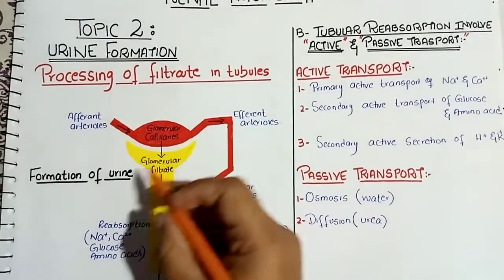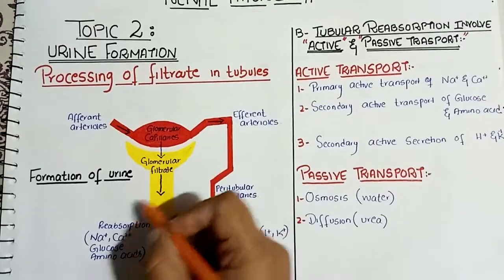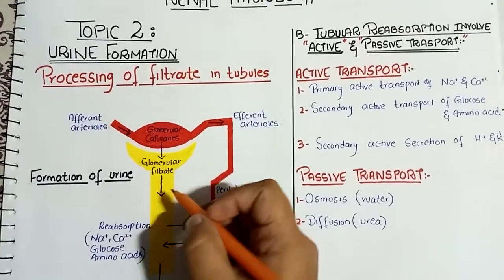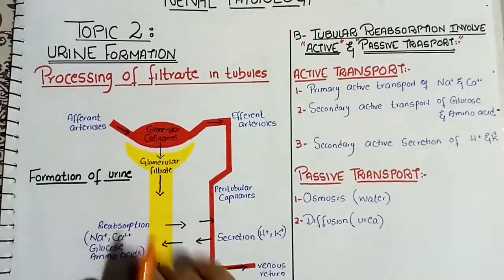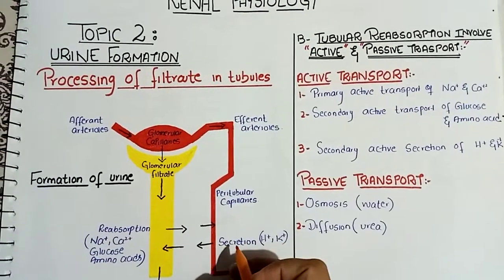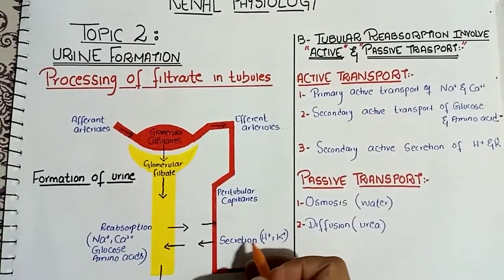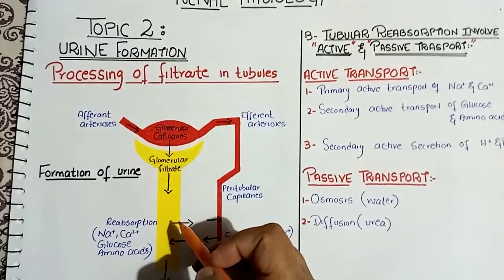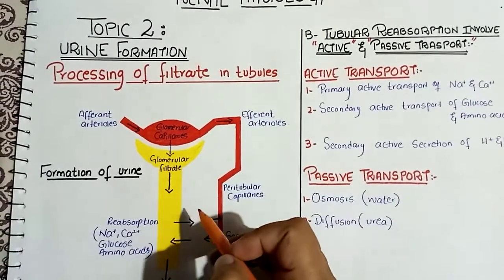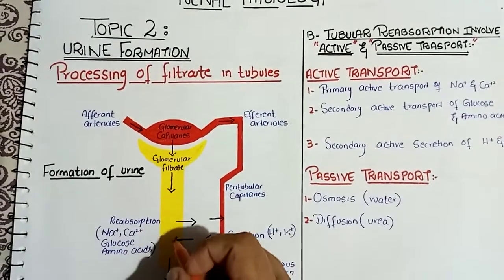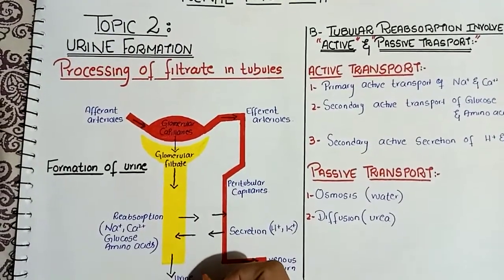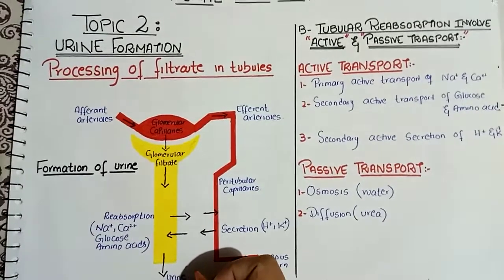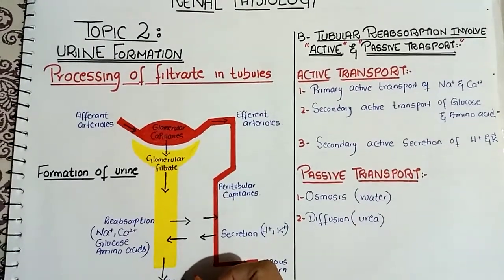During the whole course of the transportation of this glomerular filtrate, the reabsorption and secretion of certain substances occur. So the glomerular filtrate, after the whole processing through its overall course, appears in the pelvis, and this filtrate after the processing is known as the urine.